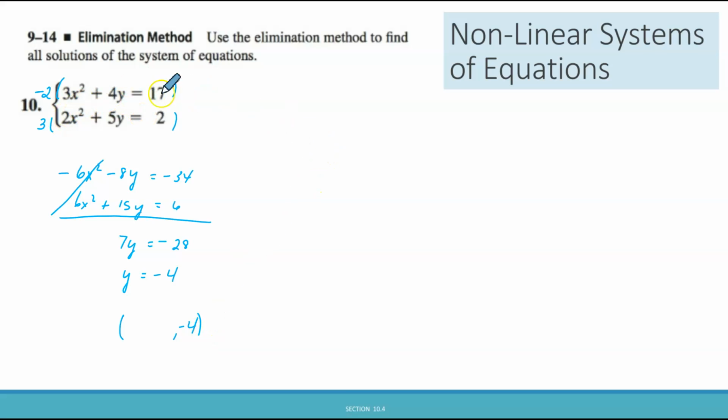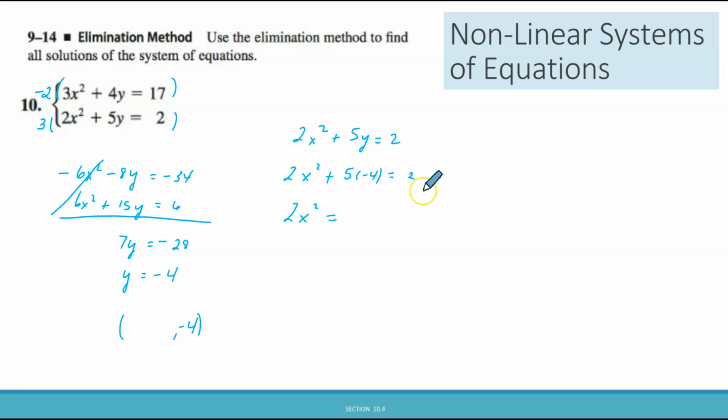It doesn't matter which equation we pick, just pick one of them. Let's look at 2x squared plus 5y equals 2. It doesn't matter which one we pick, either one. We just found y to be -4, so we'll plug in y is -4. So we have 2x squared, this is going to be a -20.